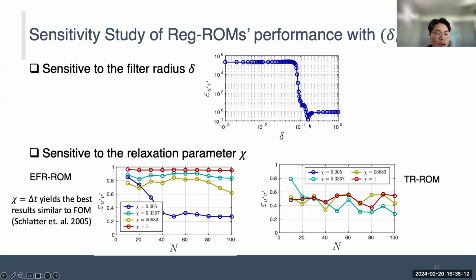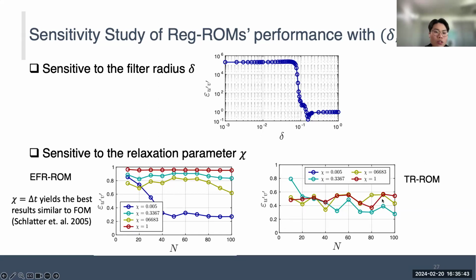And we also found it sensitive to the relaxation parameters. So for EFR, here we have 4 relaxation values. And you could see it's sensitive to the relaxation parameter, but we also found that chi equals delta t yields the best result, which is similar to what was discovered in the forward model.